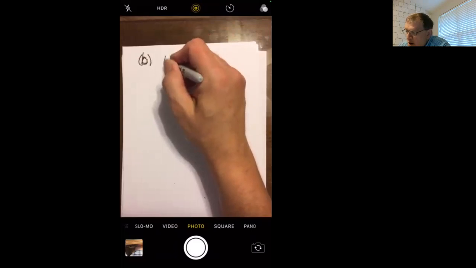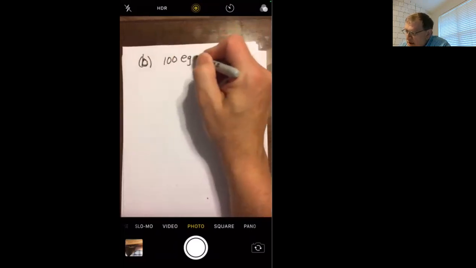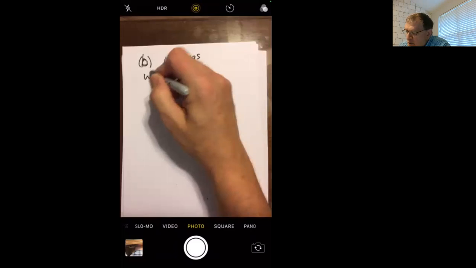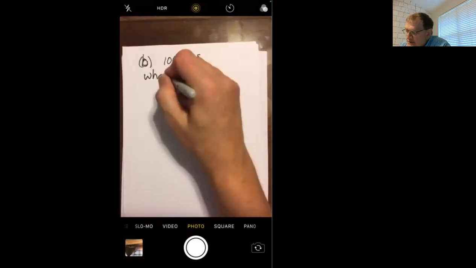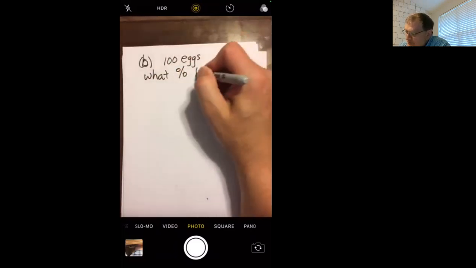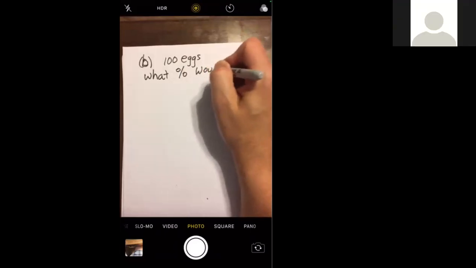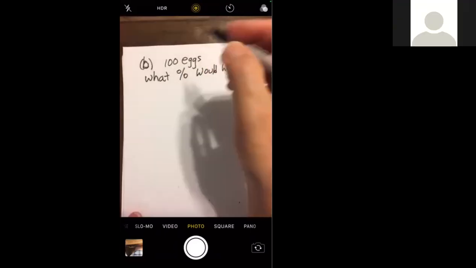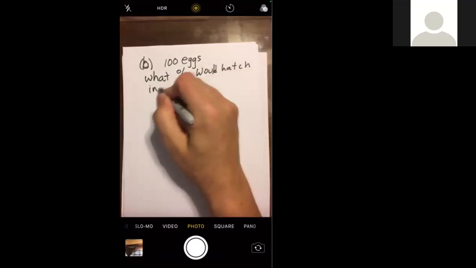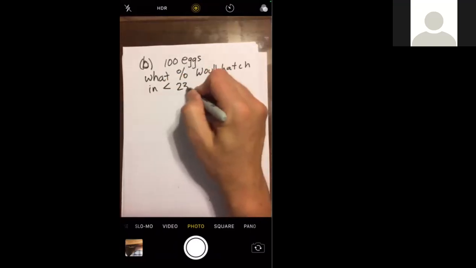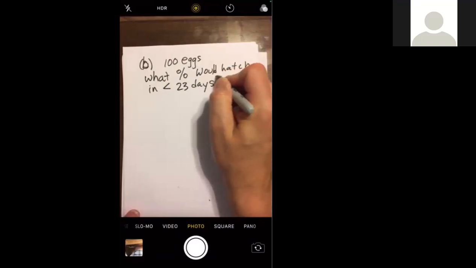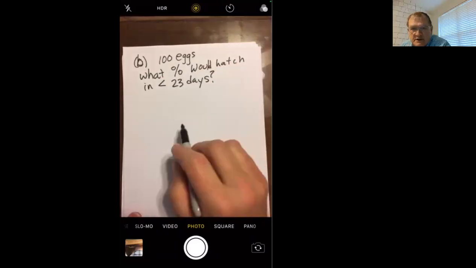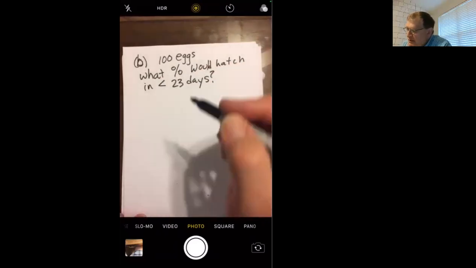So you've got 100 eggs. What percent would hatch in less than 23 days? It's like for us to choose the right answer between A, B, C. Well, I'm going to give you my answer written down here and see if you can match it to something they had.